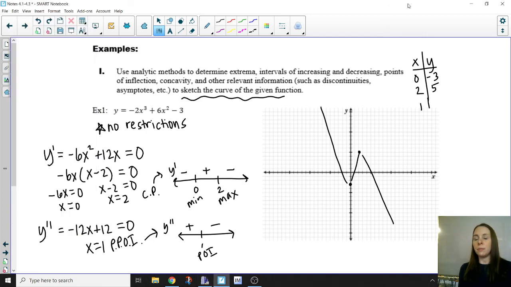It's at 1. So at the point (1, 1), I have a point of inflection, and that is definitely where my concavity changes. And this confirms that it changes from concave up, we're going to do like a U for up, to concave down. Then we'll do our frown for down.